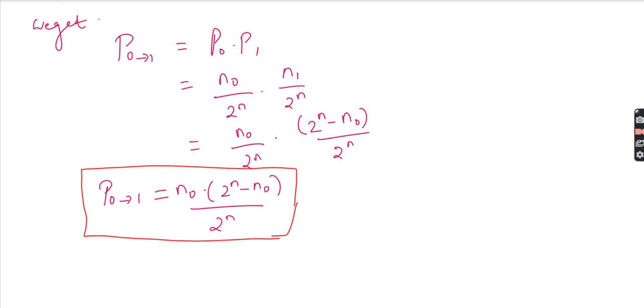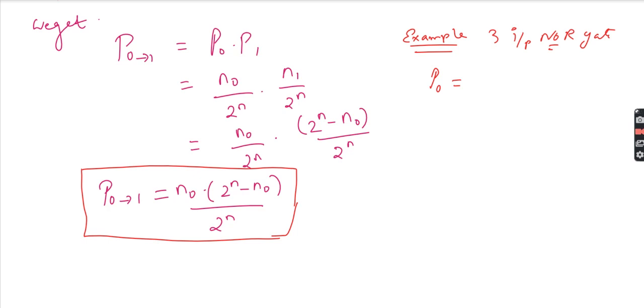Let me take an example, a 3 input NOR gate. For a 3 input NOR gate, tell me what is the probability of occurrence of 0, P0?